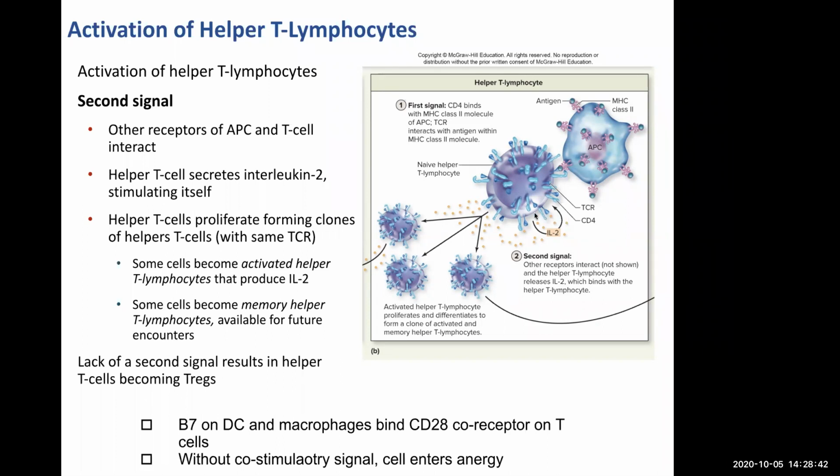That IL-2, secreted by the cell, feeds back onto that cell, because all T cells have receptors for IL-2. So the first signal would be the T cell receptor recognizing and binding antigen presented in the context of MHC2 by the antigen presenting cell, with that interaction stabilized by CD4.